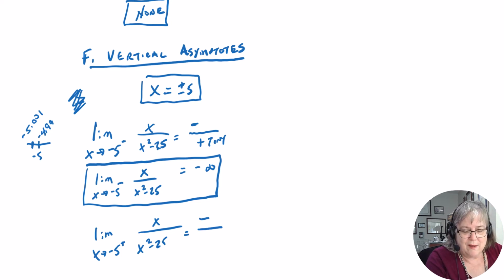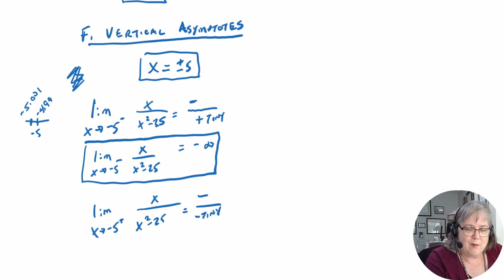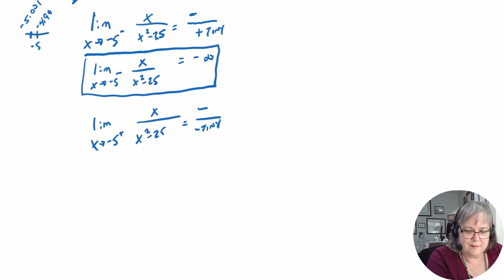And on the bottom, negative 4.99 is slightly under 5, so it's slightly under 25 after you square it, so it's a negative tiny number. And when you divide by a wee little tiny number, like 0.001 or something, you're going to end up with a huge number after you divide it in. So this is going to be positive infinity.